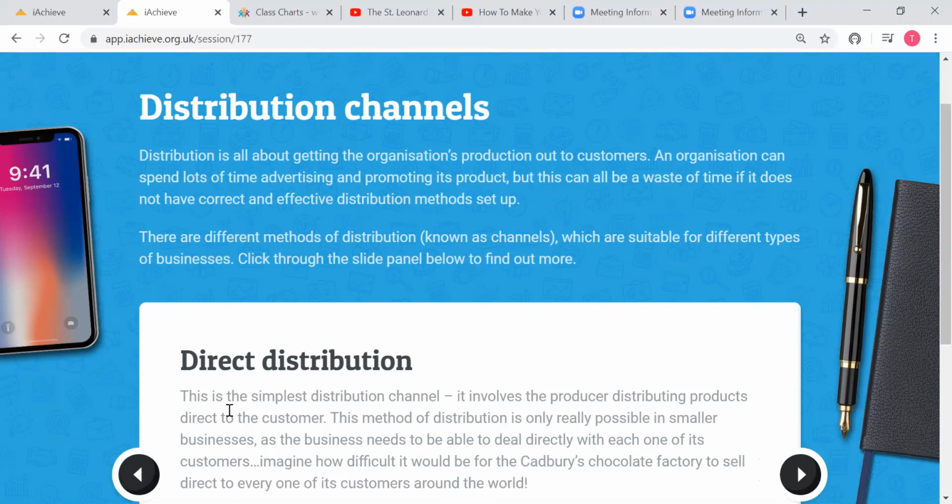This is when you are literally selling your products directly to the end customer with no person in the middle. It is very, very advantageous in terms of you don't have to give your profit margin to a third party to distribute your product. But it also is very involved.